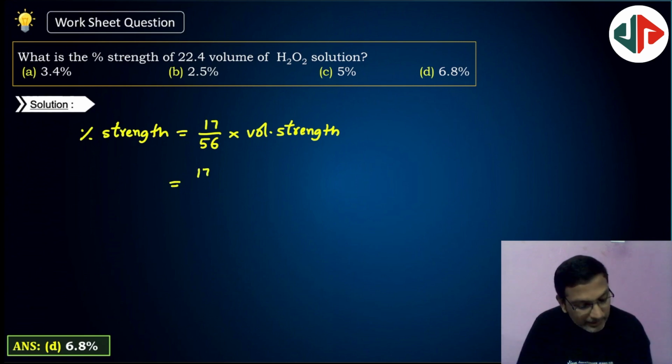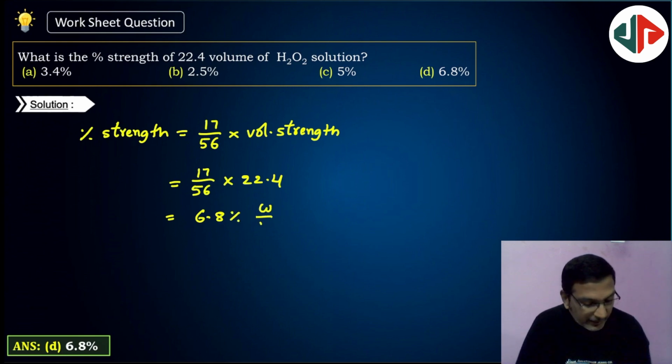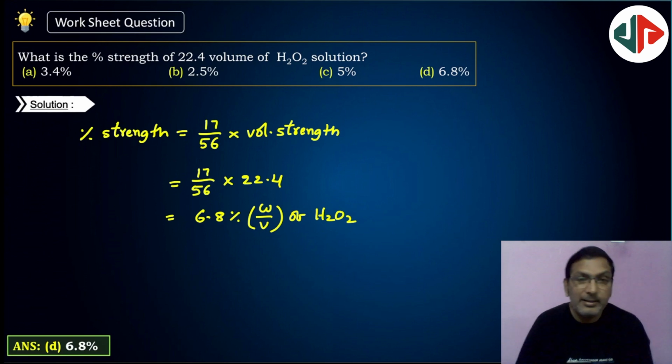With 22.4 volumes given, by solving we'll get 6.8%, which is the weight by volume percentage of H2O2. Here percentage strength means weight by volume percentage of H2O2. Option D. Very important: the relation between percentage strength and volume strength is 17 by 56 into volume strength.